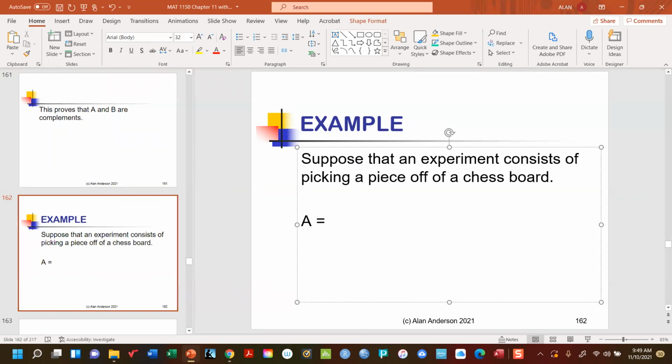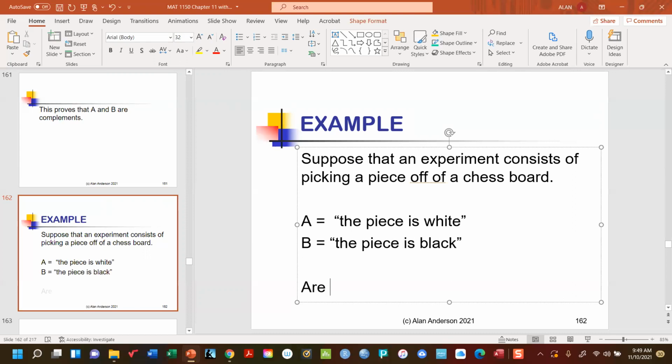A is the event that the piece is white. B is the event that the piece is black. Are A and B complements?